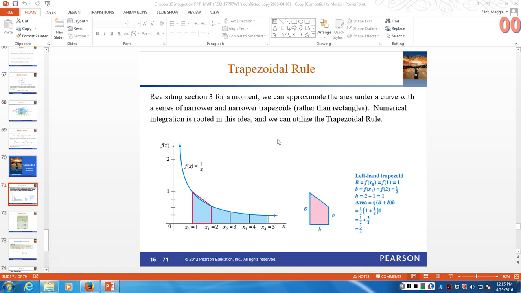Numerical integration is based off of that, and we can utilize the trapezoid rule, which says you take the number of trapezoids under the curve, as long as the base of the trapezoids is all 1, basically.